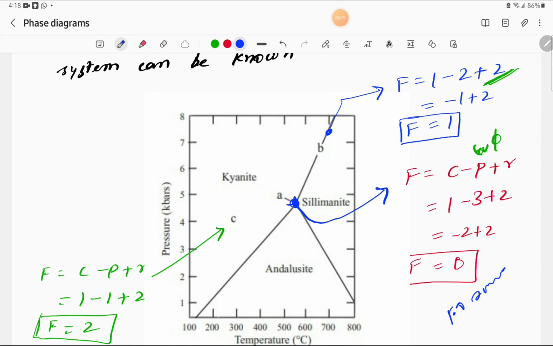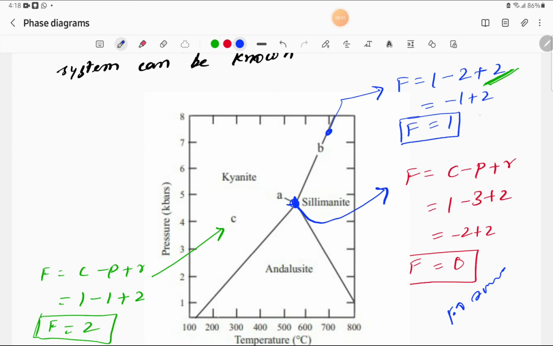Let's consider point B. Here F is equal to component 1 minus phases, two phases, one is kyanite and another one is sillimanite, plus two intensive variables, pressure and temperature. When you put this into the equation, F is equal to 1, that is, it is univariant.